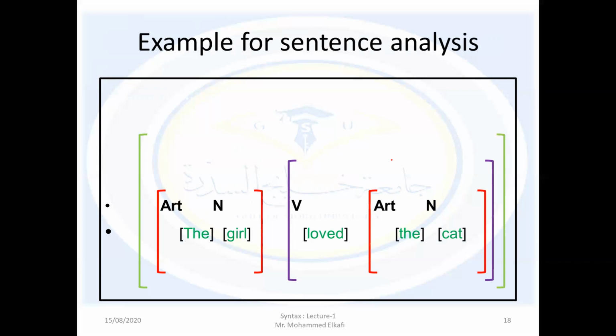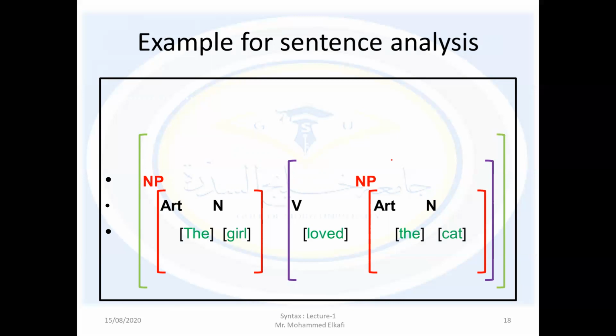Then we should think of a larger unit. So what is the larger unit than word? Here we'll find the phrase, when we find word plus word equal phrase. So article plus noun equal noun phrase, and here we have two noun phrases.